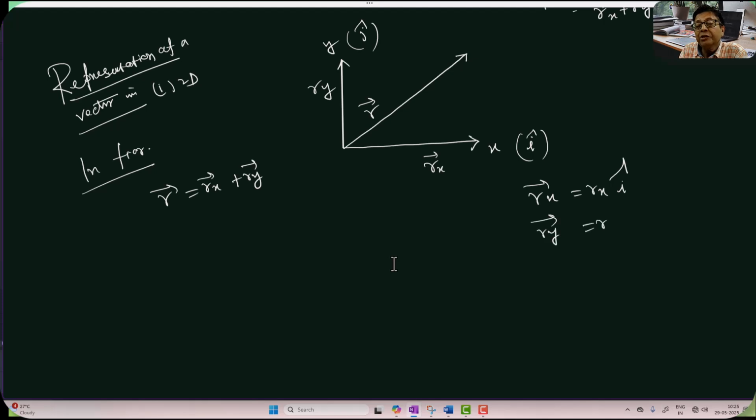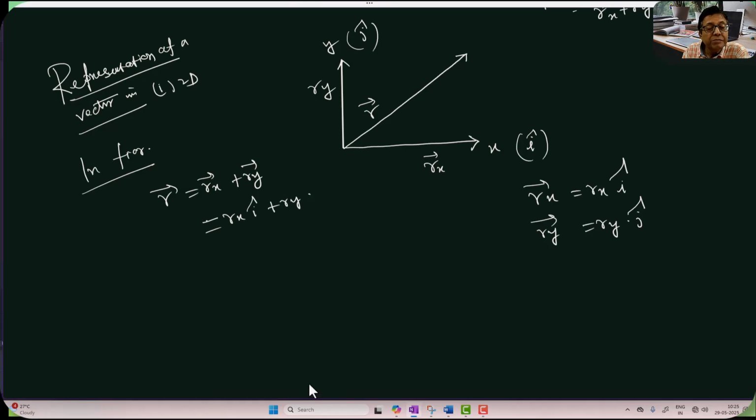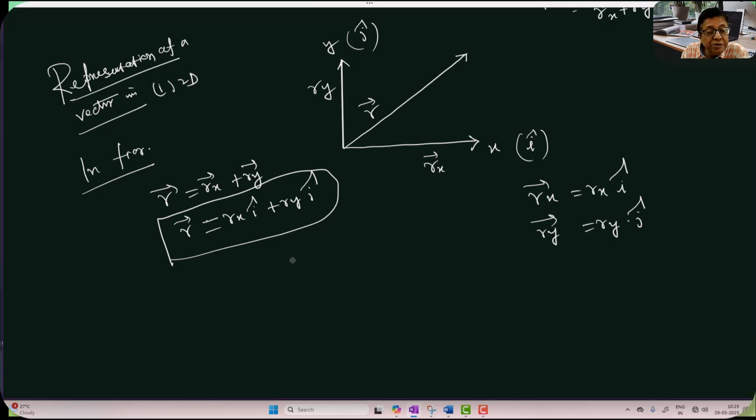That magnitude into i cap. Ry vector is what? The magnitude into j cap. In detail I have explained this in previous videos. So this will be Rx i cap plus Ry j cap. This is the representation of a vector in 2D.